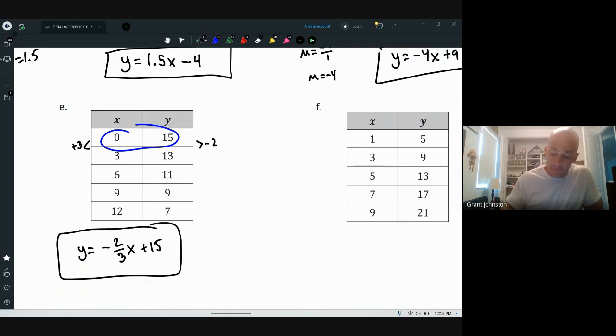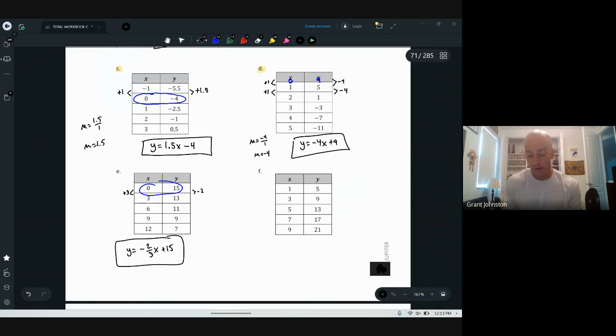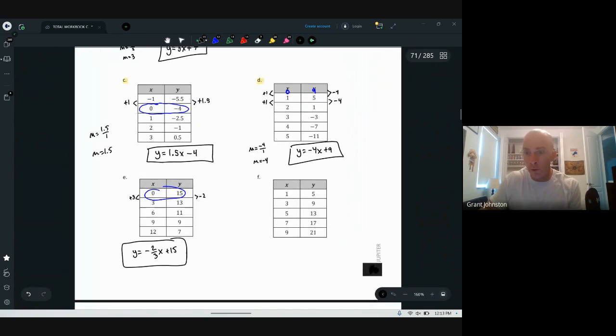I don't know if I needed to do that one for you, but you could do negative 2 divided by 3 to get a decimal, but it's going to be repeating. So we'll just leave it as a fraction. I didn't mean to do 4 out of the 6, but hopefully that's helpful. Okay. I'll let you do everything else.